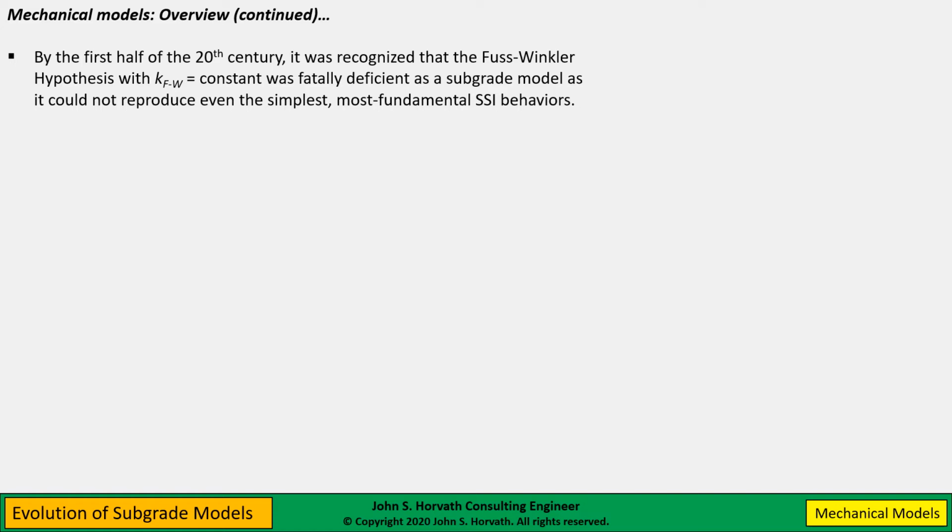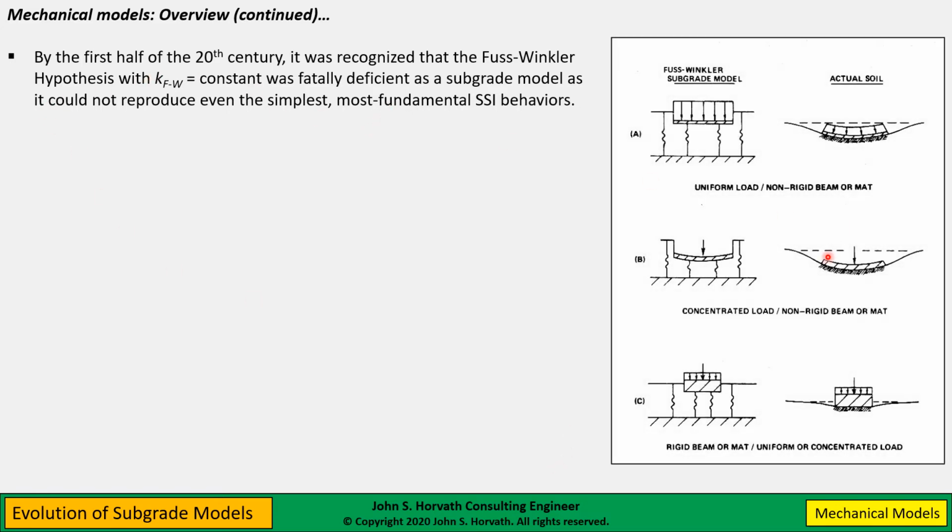Now, we've known for a very long time that the Fuss-Winkler hypothesis with a constant coefficient of subgrade reaction was fatally deficient. If we compare it to real-world behavior, for example, if you apply a uniform stress to a foundation element, the Fuss-Winkler subgrade says you get uniform settlement. Well, you don't get that. It says you only get settlement within the loaded area.